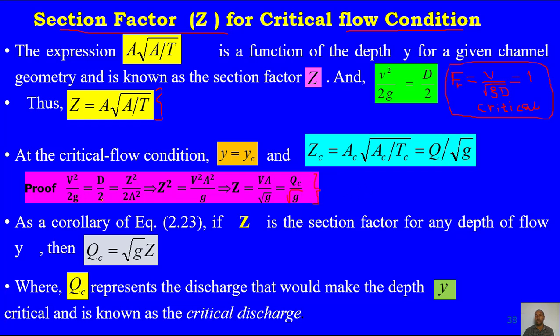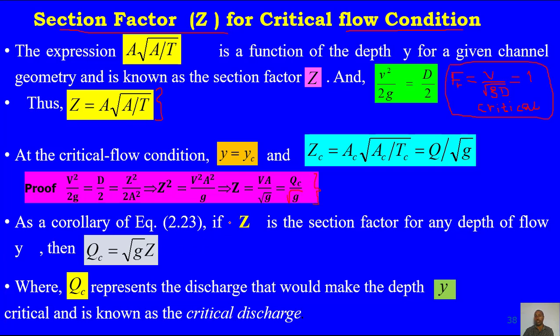Since we have V and D also, the section factor is already known, A square root of A over T. Then finally, we can substitute and rearrange the equation. Then we have this equation, since D is hydraulic depth, which is A over T. Then by substitution we can find.